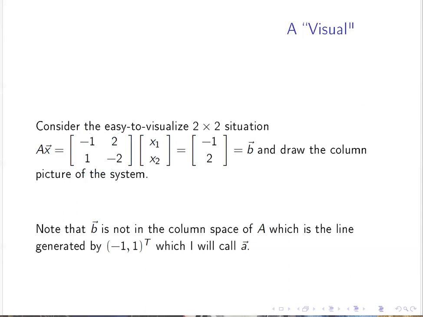All right, so because of this, this -1, 1 is not only our first column, it's actually the entire basis of the column space. So B is not in this, which is just the line times some scalar.